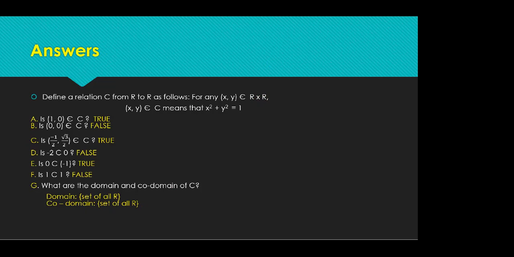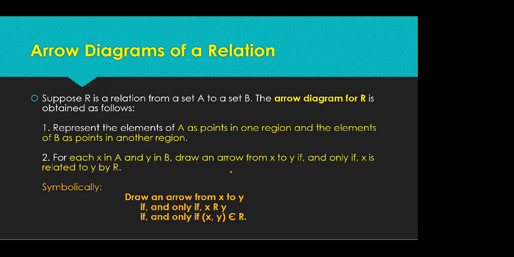So for the arrow diagram of a relation, suppose R is a relation from a set A to a set B. The arrow diagram for R is obtained as follows. Represent the elements of A as points in one region and the elements of B as points in another region.